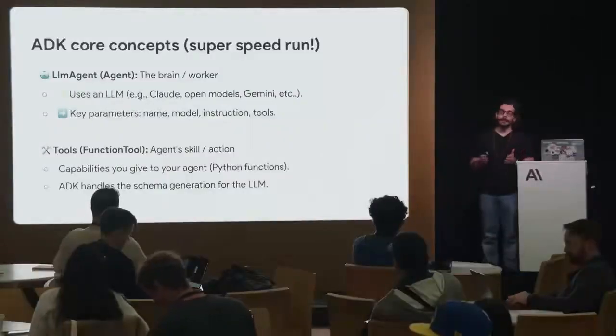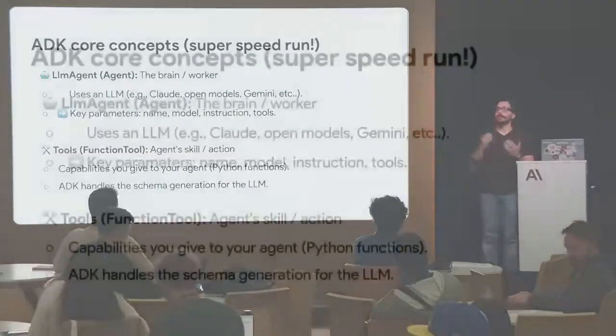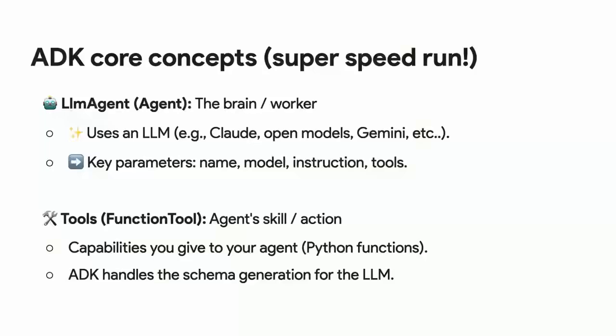Okay? With that being said, these are the core concepts that you need to know about ADK. In order to build an agent with the Agent Development Kit, first of all, it provides several types of agents that you can use. It has some pre-built agentic patterns, including sequential agents, that you can use to implement your application.